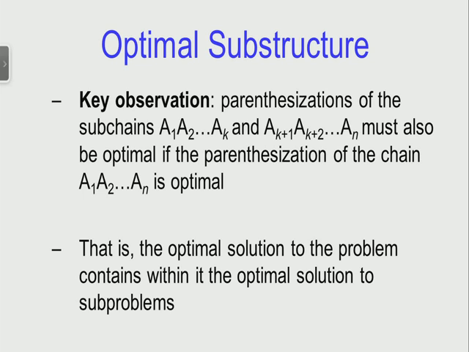Recall from the previous lecture, for dynamic programming to be used, the problem must have the optimal substructure. In other words, in this case, the optimal solution to the parenthesization contains within it the optimal solution to subproblems.